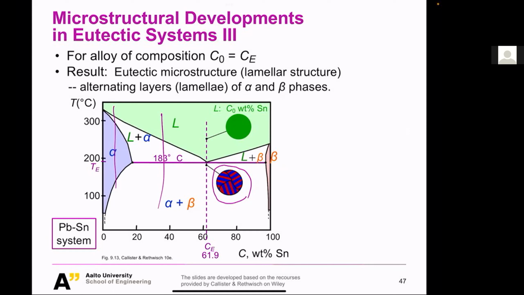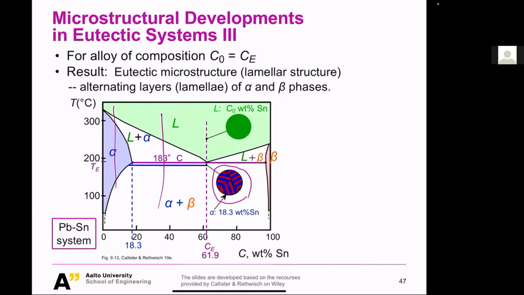So when you come to this point, exactly at this eutectic point, your liquid solution will be decomposed into alpha and beta. For alpha, you have just so little tin, and for the beta, you have so little lead.